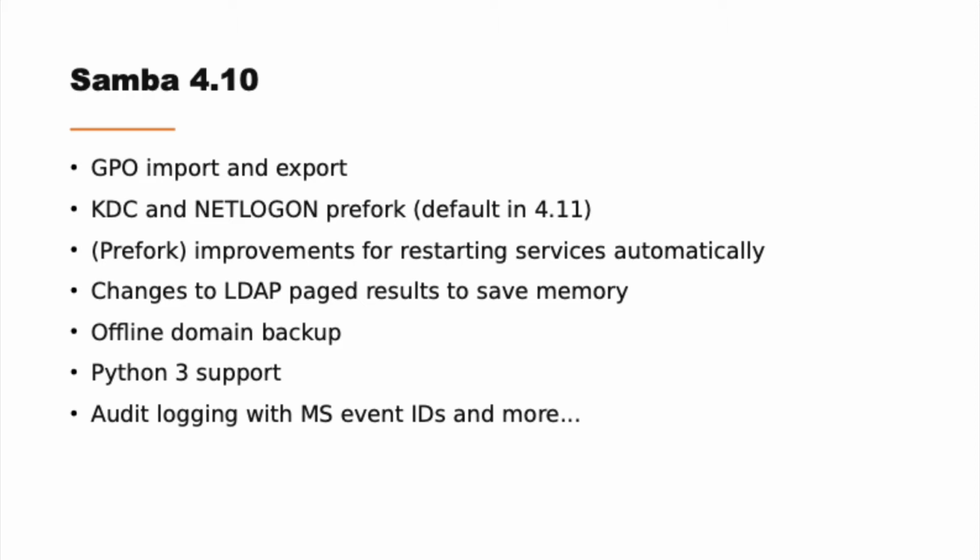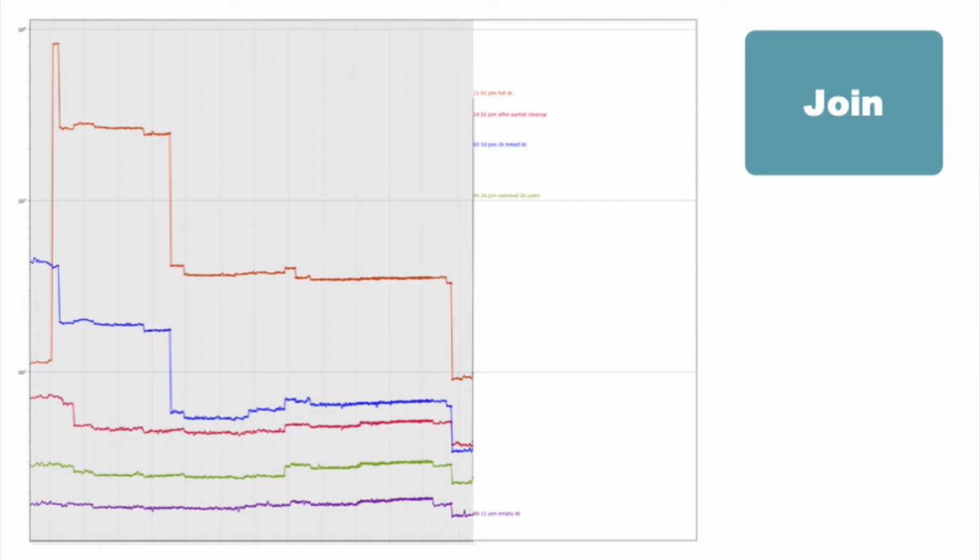But yeah, one of the things I'd really like to talk about is just how much of a difference we've made in the last few versions from 4.5 to pretty much where we're at right now. And so that top line is a log scale, and so it's dropped almost 100 times.